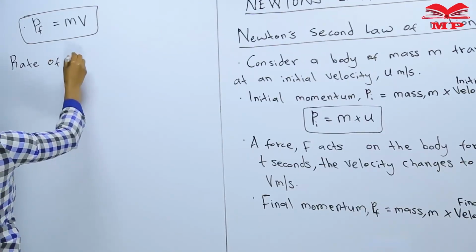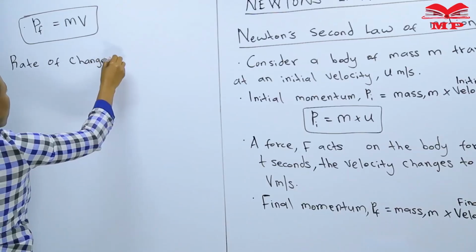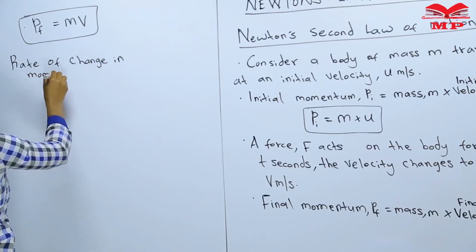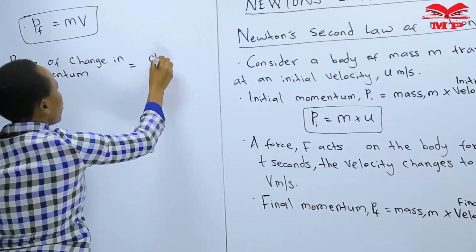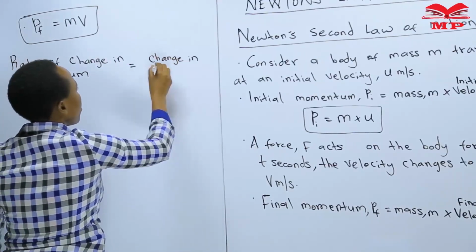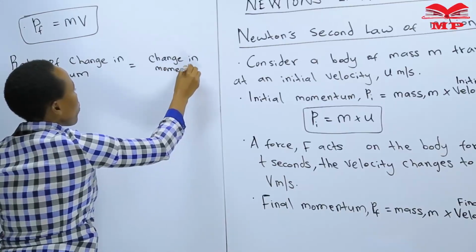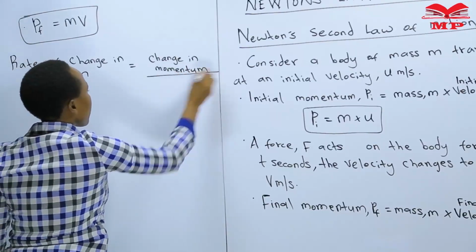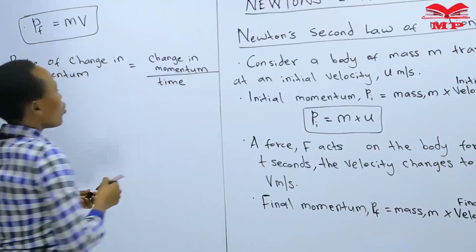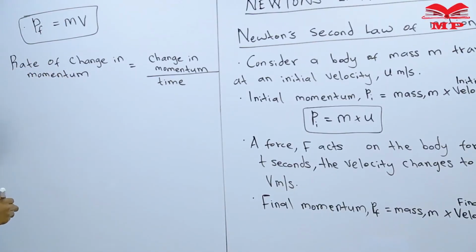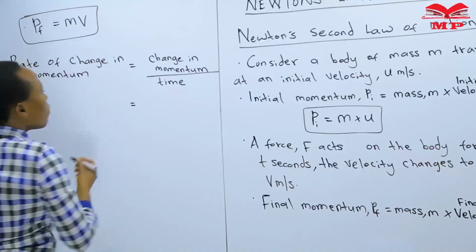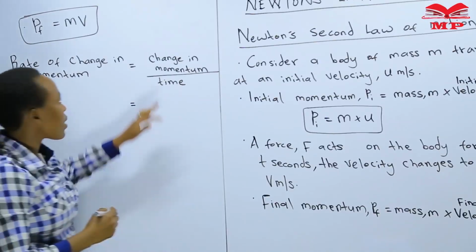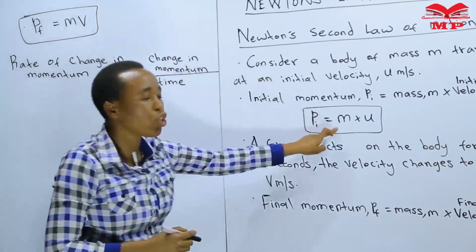When you hear the word rate, it means there is division by time. So the rate of change in momentum is the change in momentum divided by the time taken, and the change in momentum is the final momentum minus the initial momentum.